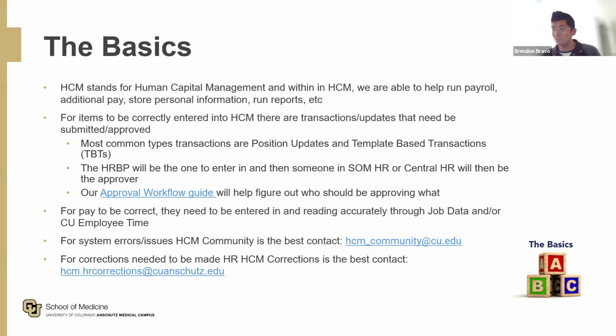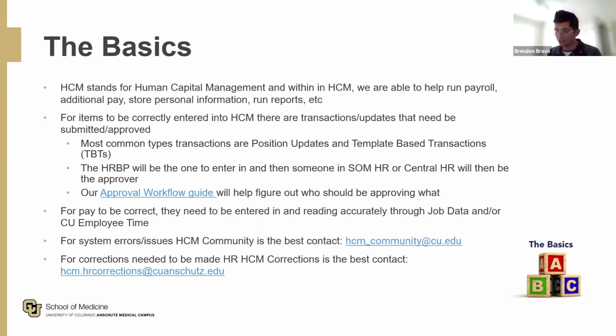We do have an approval workflow guide, which I have linked, that helps figure out who should be approving what if you're not totally sure. I will be sending out this slideshow at the end, so that you can have all these links as well. For pay to be correct, it needs to be entered in and reading accurately through job data and our CU employee reported time.